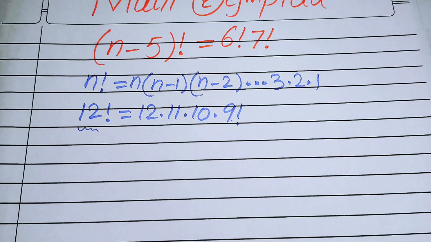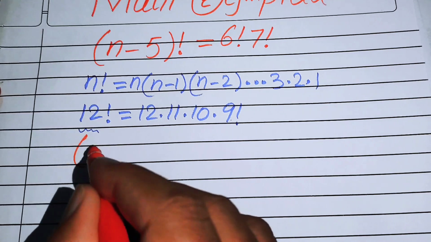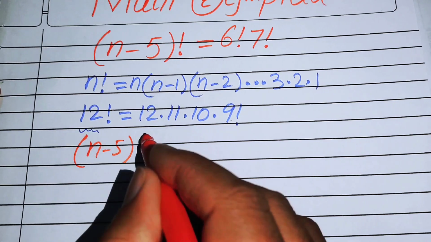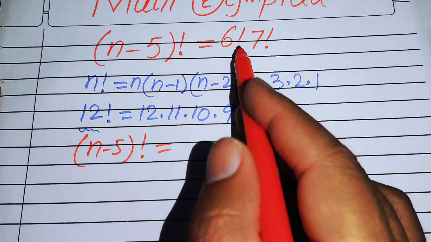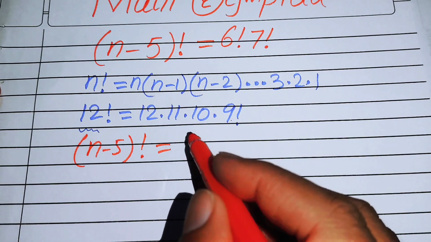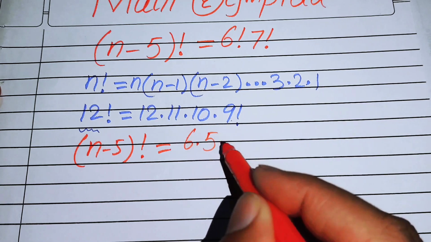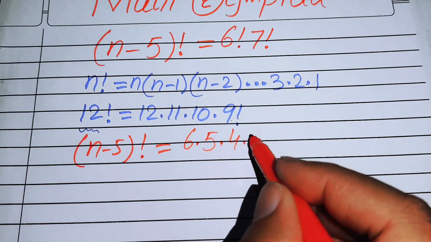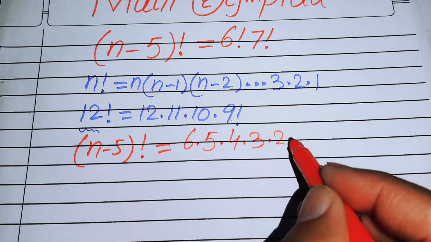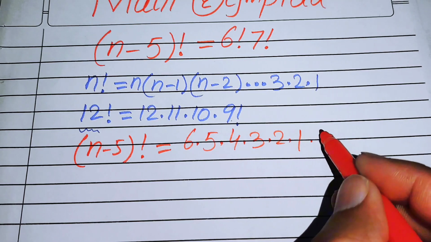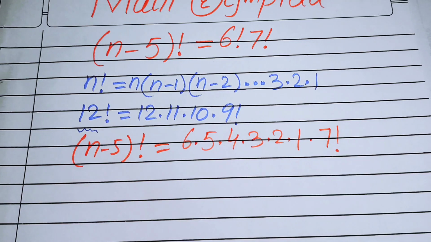First you can focus on the right hand side. We have (n minus 5) factorial equals 6 factorial times 7 factorial, and now we can open this 6 factorial and write it as 6 times 5 times 4 times 3 times 2 times 1, times 7 factorial.